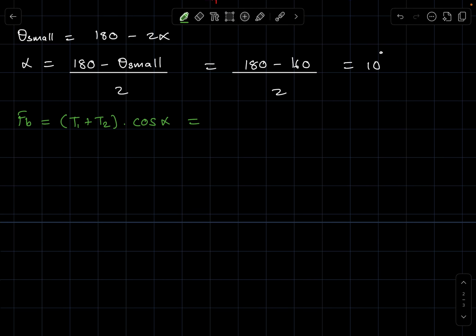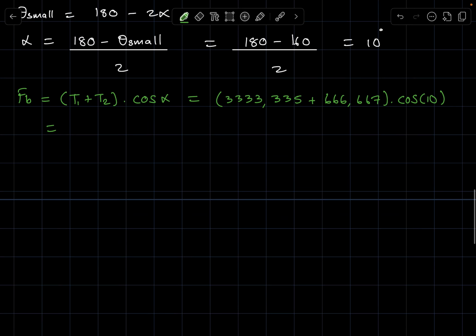So then this is equal to 3,333,335 plus 666,667 cos 10 degrees. And if you punch this in our calculators, we get 3,939,233 newtons. So that's the magnitude of the belt force.